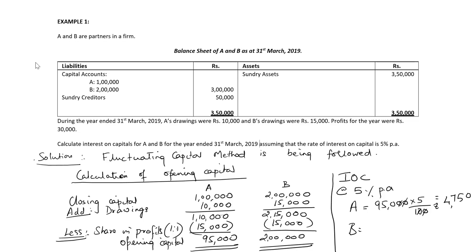And for B, it's rupees 2 lakh opening capital into 5 divided by 100, which is equal to rupees 10,000. So this is a basic sum where the drawings balance or the profits balance is not given in the balance sheet and the fluctuating capital method is being followed.